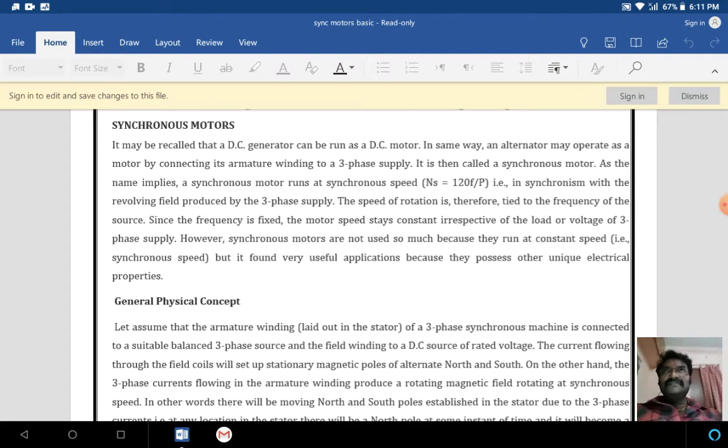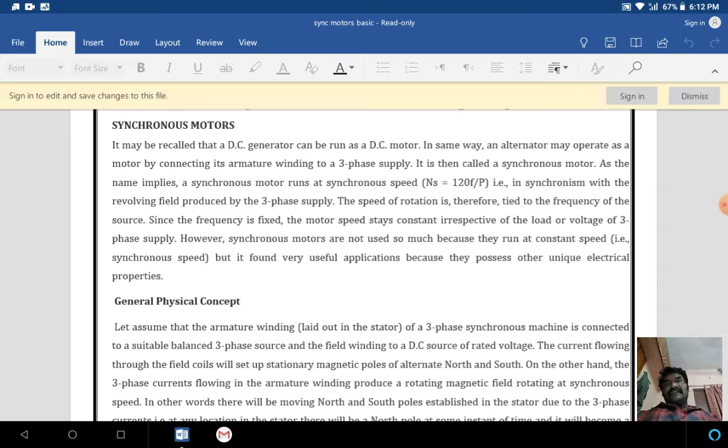A DC generator can be run as a DC motor. In the same way, an alternator may operate as a motor by connecting its armature winding to a three-phase supply.